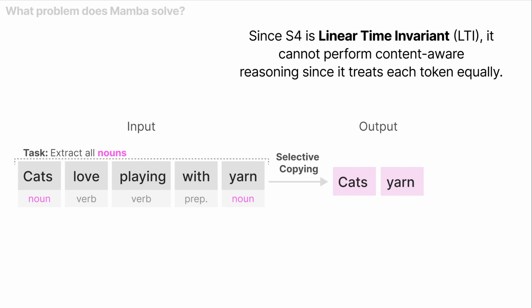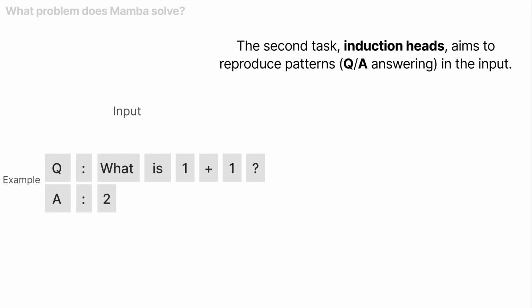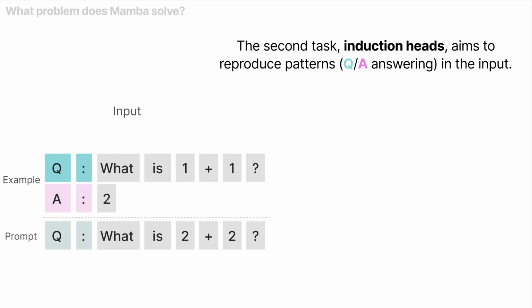Since S4 is linear time invariant, it cannot perform content-aware reasoning, since it treats each token equally. The second task, induction heads, aims to reproduce patterns, like Q&A answering, in the input.